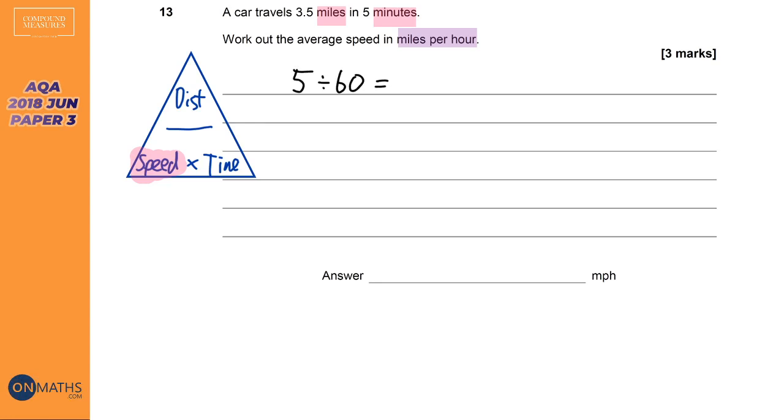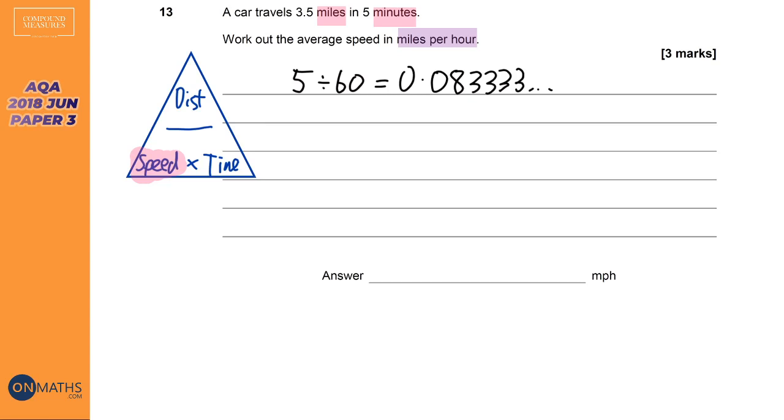Now be careful with that because some students think that there's 100 minutes in an hour when they do calculations like this. Now you'll get a horrible decimal on the calculator, which is fine. And we're just going to write it down like that. It's 0.083 recurring, with the 3 being recurring.